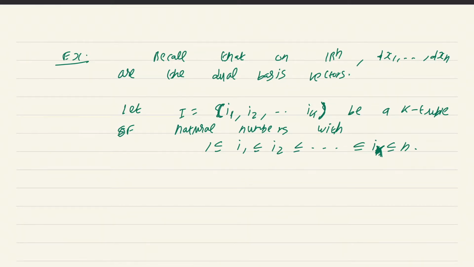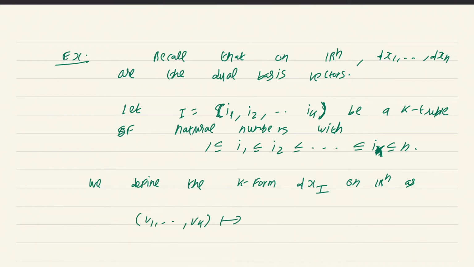Now we are going to define the k form dxI. So this I is coming from this I. We define the k form dxI on Rn as (v1, ..., vk) maps to the determinant of dxIr of vs, where r, s run from 1 to k.